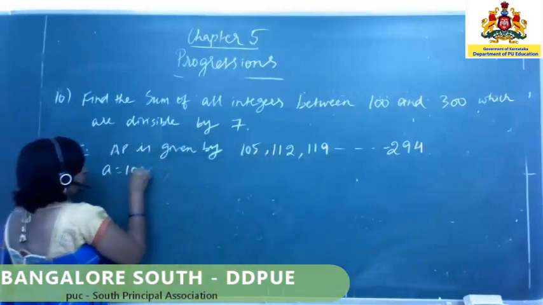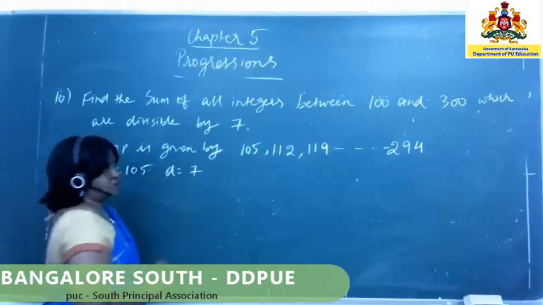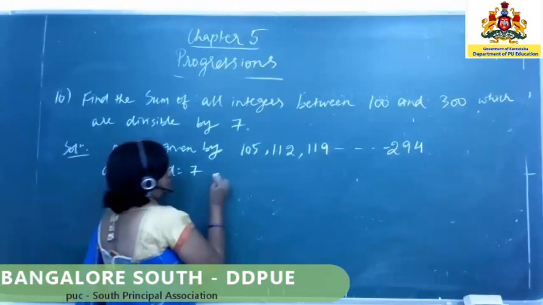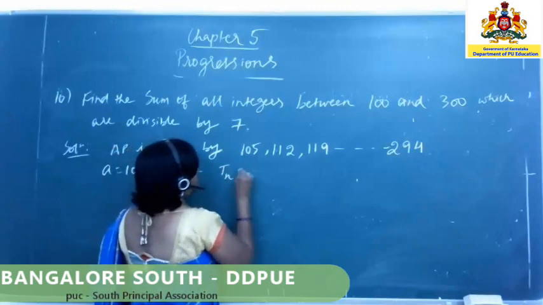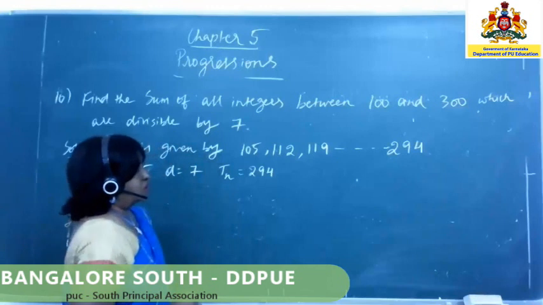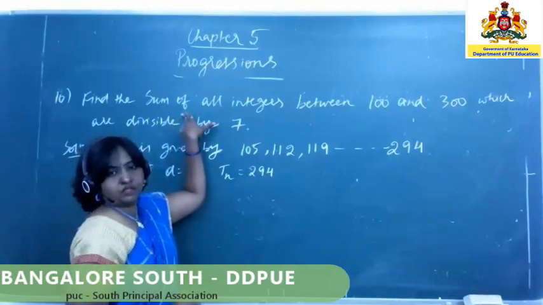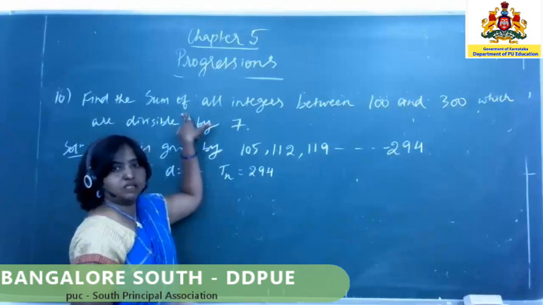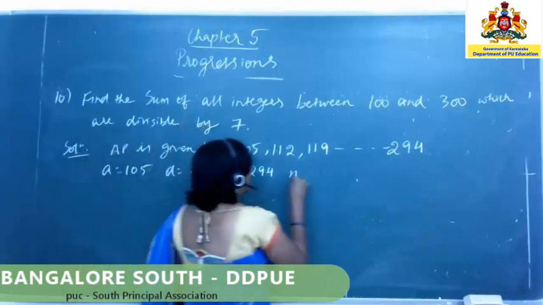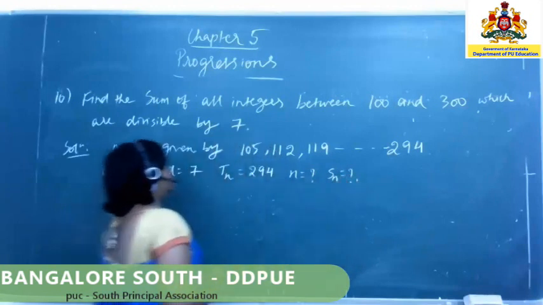A is 105, D is 7, Tn, the last term, is 294. To find the sum, I should find n value first. Then Sn. So n, I don't know, and Sn, I should find.